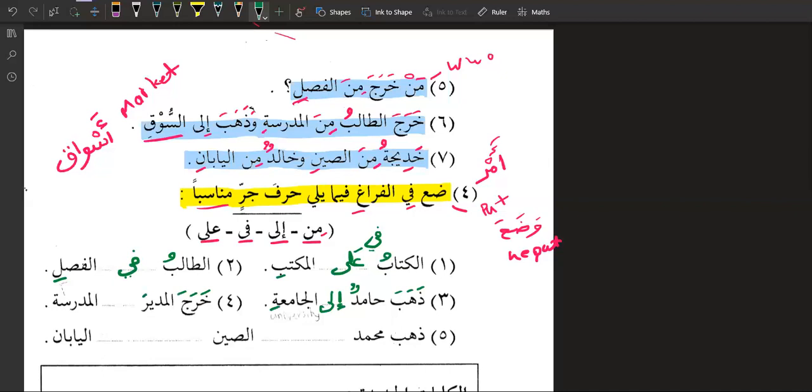خرج المدير من المدرسة. نعم. طيب, عبد القيوم said خرج المدير من المدرسة. Why did you say المدير?